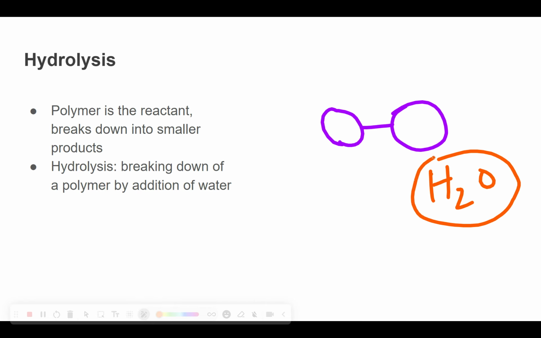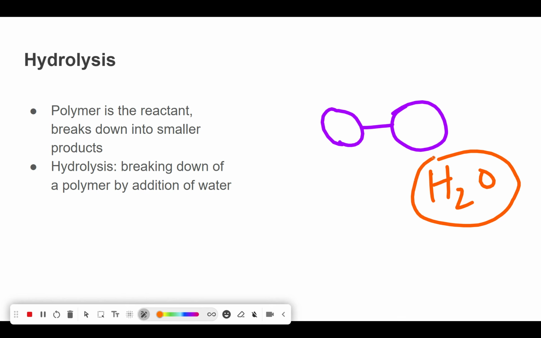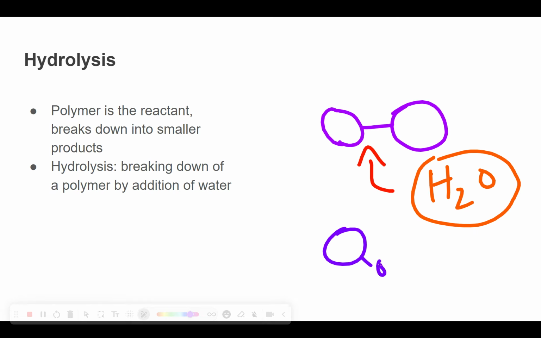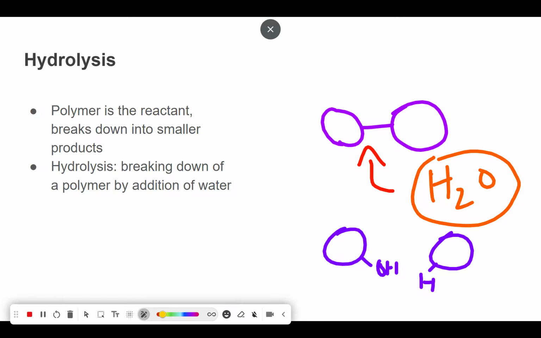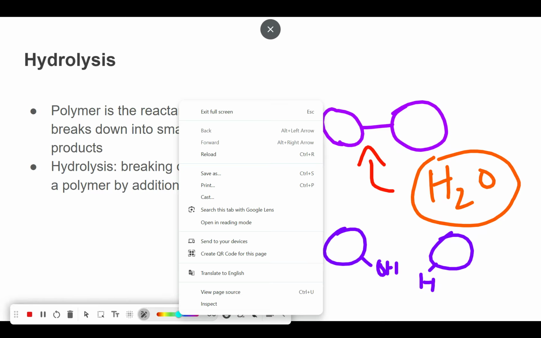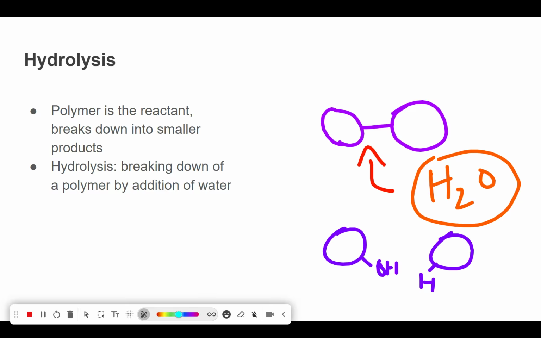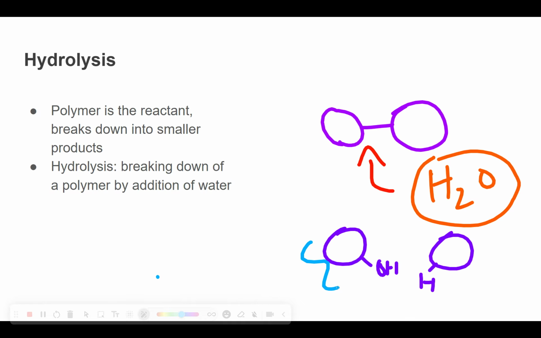But in this case, the water is going to get added in to that big molecule, and it's going to break apart into two smaller monomer molecules, one with an OH group and one with a hydrogen ion. And the process that has just happened here is hydrolysis. It's nice how it's blue because it's like watercolored.